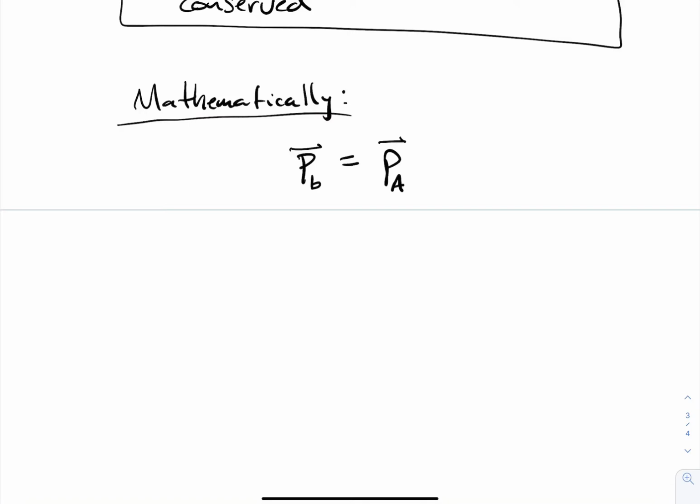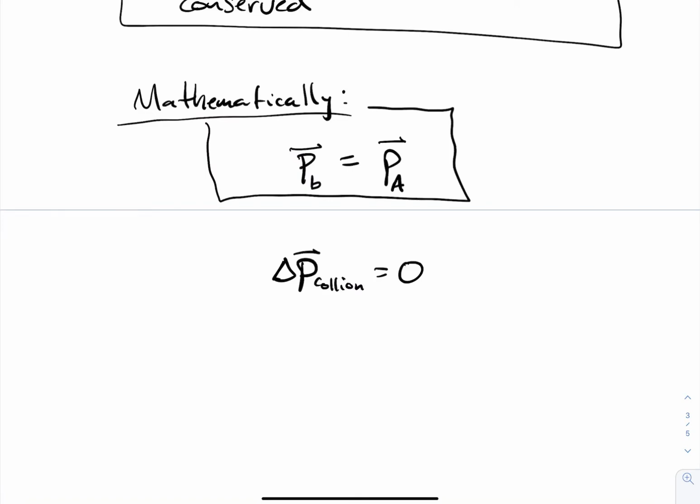Oftentimes, what a book will write is that the change in momentum for any collision is equal to 0. But we will use this, and then you might note to yourself that before and after we'll analyze all the bodies separate from each other, meaning we'll add all their momenta together separately. But that's it. And once we do examples, I think it will all be clear.